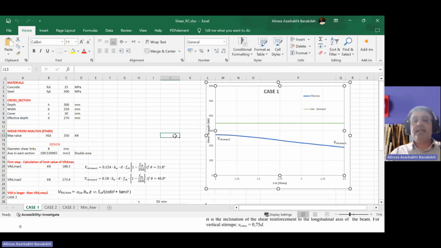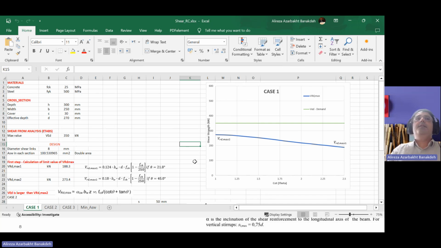For each section, we can calculate V max 1 and V max 2. And the important thing is that the design shear force, which comes from ETABS or structure analysis, can have 3 situations when you compare it with these 2 values, Vmax1 and Vmax2.